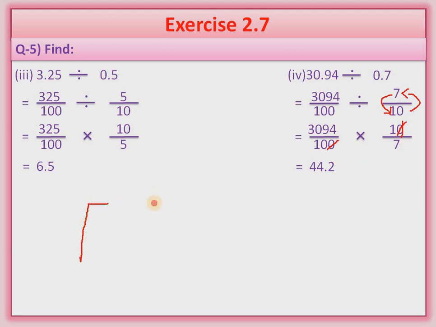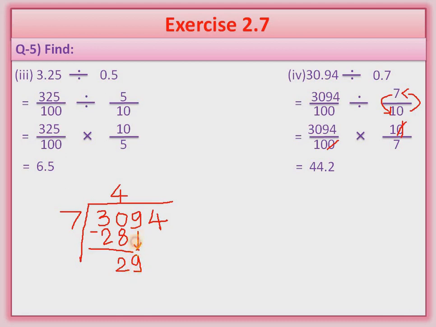Look at this side, beta. Here, the remaining number is 3094 divided by 7. So 7 4s are 28. Clear? 30 minus 28. Again carry down the 9. 7 4s are 28.